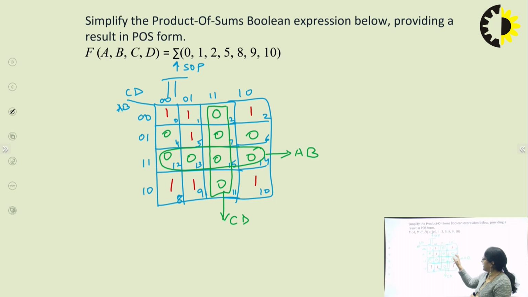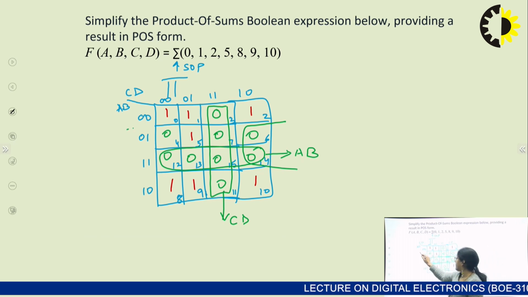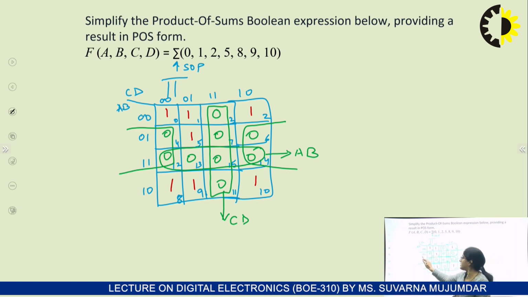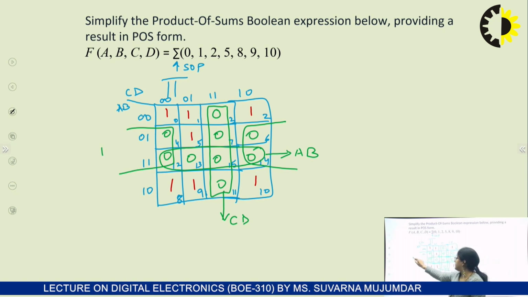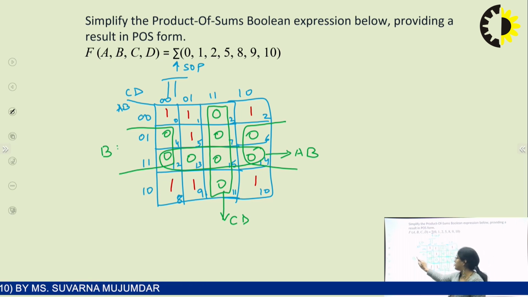Now the remaining 2 zeros could be made a pair, but to minimize the circuit we will go for a quad. When we pair this, we find A is changing, so B remains only, so we write B. From here, C is changing and D has value 0, so I place it as D dash.